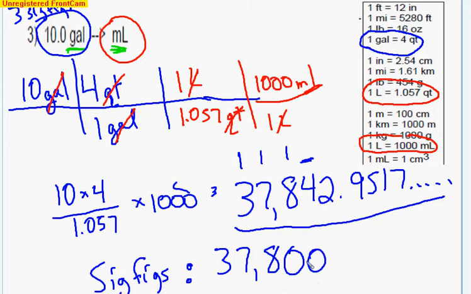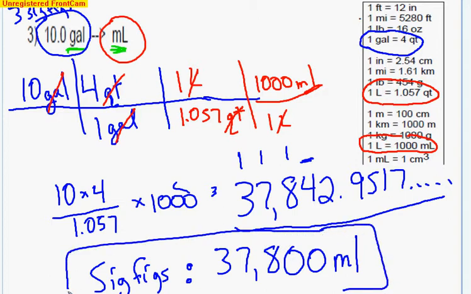I'm not going to add my decimal point, and I'm just going to give my proper unit, which was milliliters. So the right answer, 10 gallons with 3 sig figs, would be roughly 37,800 milliliters, converting from gallons to quarts to liters to milliliters.